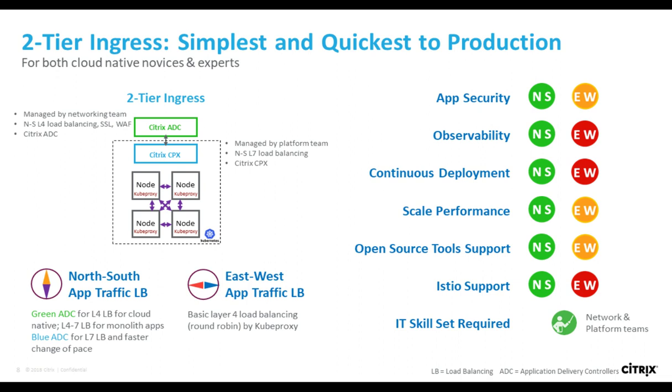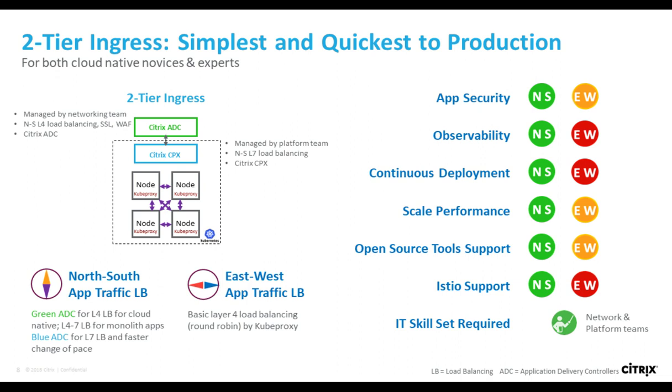The benefit of splitting north-south traffic load balancing between two is that two different teams can manage their own domains, and the network team need not learn anything new, and the platform team doesn't need to learn about SSL and WAF and many other north-south traffic related things. So it gives a clear demarcation, and that's the reason it is simplest and quickest for production.